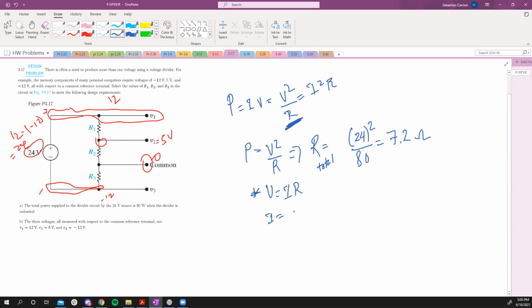Current is equal to V over R. We have both, so 24 over 7.2 should be 3.33333. This would be our current going across these, so I'm going to call this I1, a lowercase i.